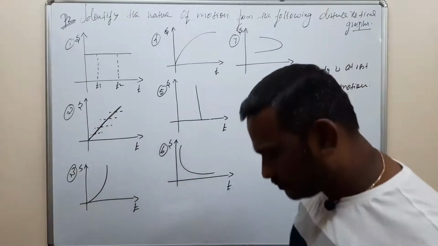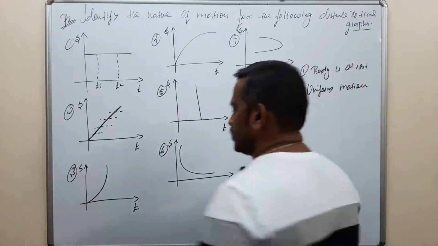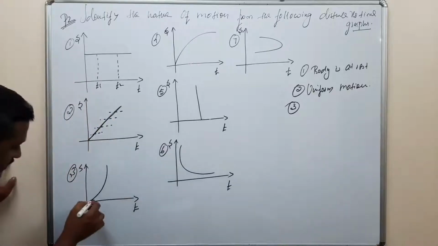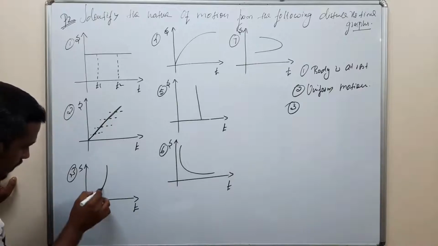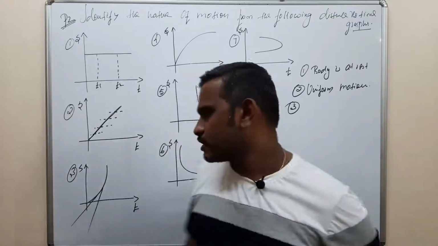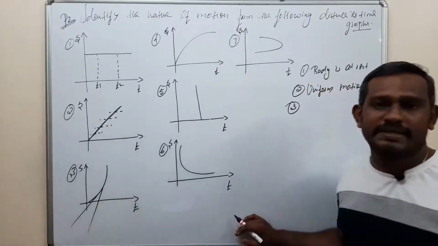Okay. So what about the third graph? In this graph, if you draw the tangent, the slope increases. Okay, slope increases.